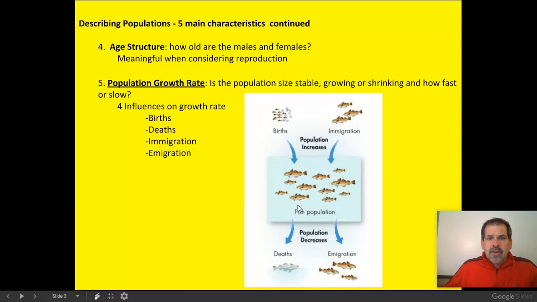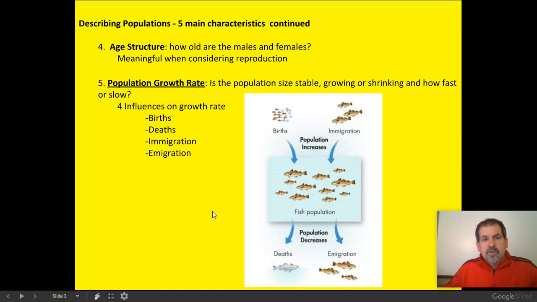And then arrows coming out, and label those deaths and emigration and population decreases. So do take a second, again, pause and illustrate this graphic. You don't have to draw the fish on the outsides, but here on the inside. It doesn't have to be fish. Pick the animal of your liking.